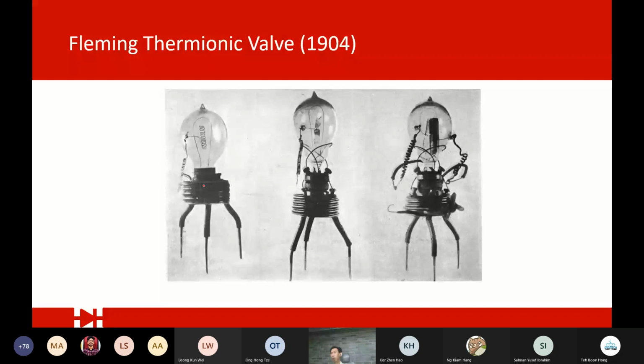It works on operating principles just like our old tube TV.